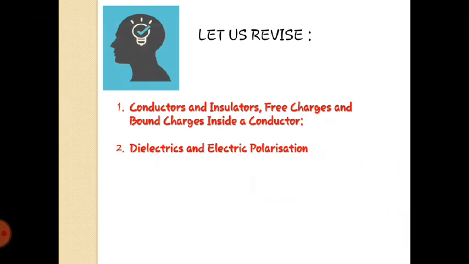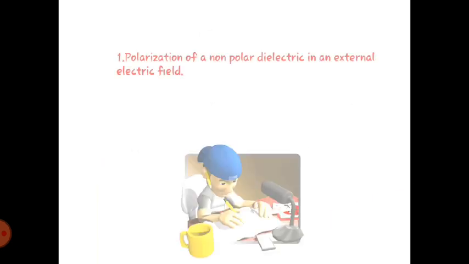So this is nothing but the concept of dielectrics and the types of dielectrics. Now, what happens if we give an external field to such kinds of materials, to polar and also to non-polar? What will happen? Let's see.